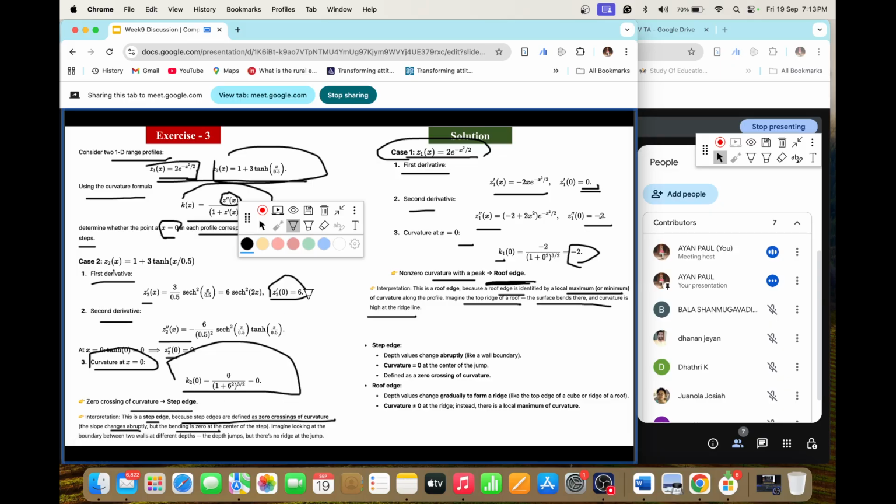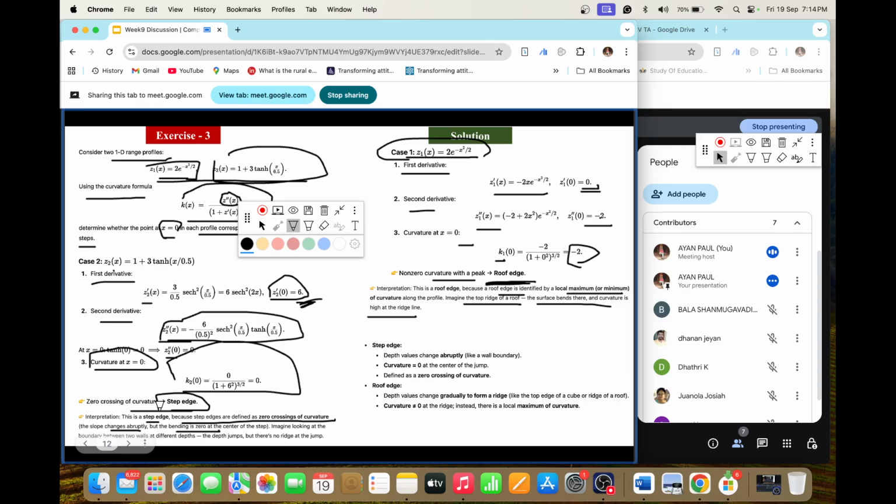The slope is changing because we are getting 6, but the z double dash is not changing abruptly. Z double dash is nothing but the change of z dash, so this z double dash is not changing abruptly, or the value is 0. Therefore we can say it is a step edge.